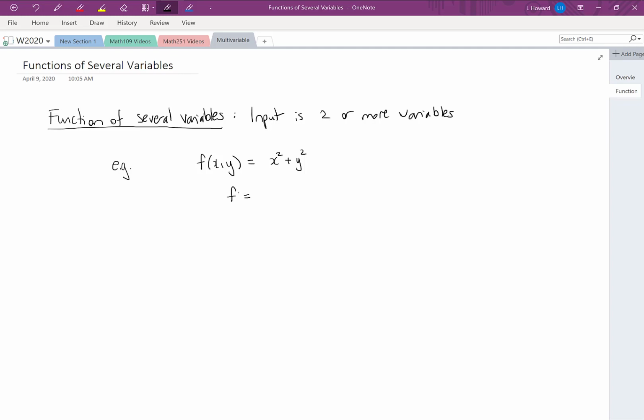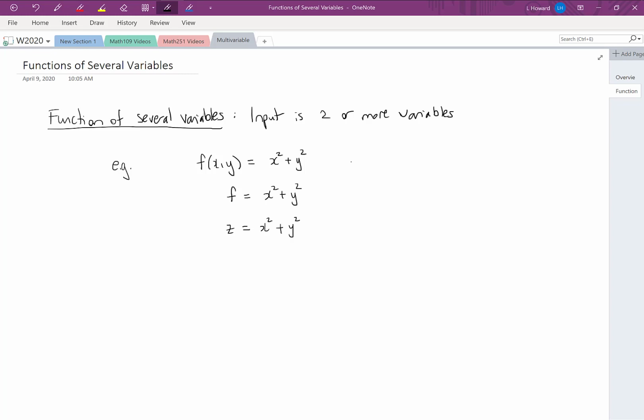We would just call our function f for short, and we would say f equals x squared plus y squared. A third way to do this, sometimes we prefer to call the function f, just give it a new variable name, like z equals x squared plus y squared, and that's especially useful in a context where we're going to be graphing the function.